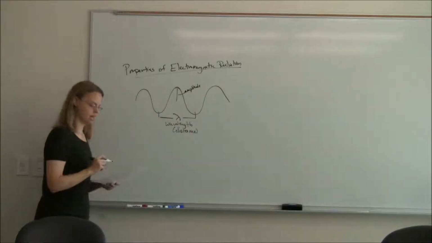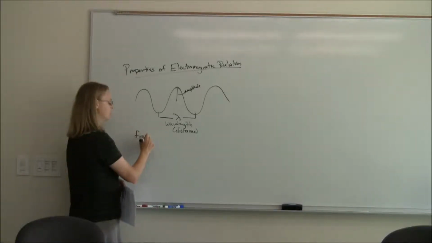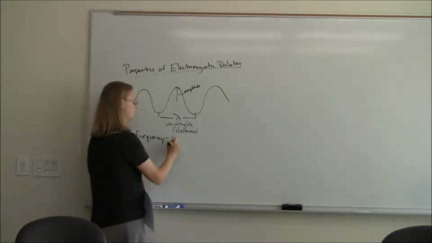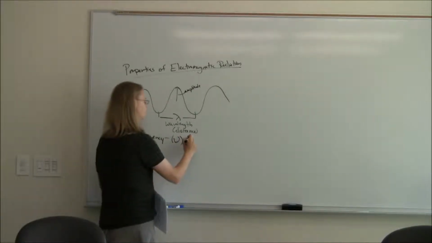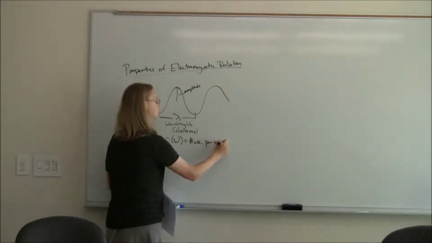of our wave that we're looking at. If we wanted to, we could calculate the frequency. The frequency, which is often given the symbol nu, is the number of oscillations per second.